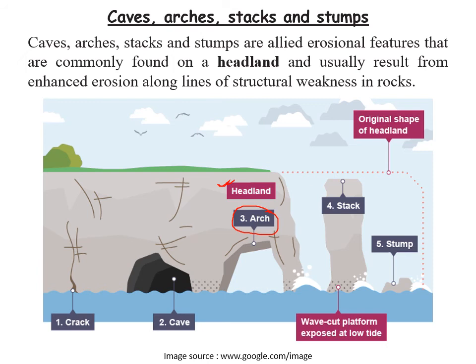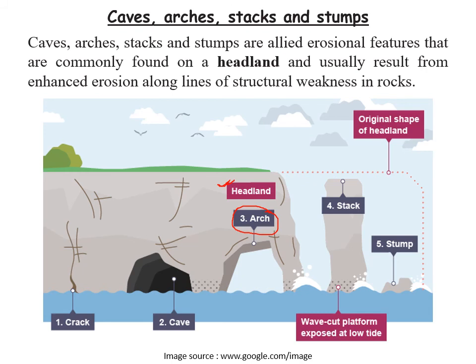So in the case of an arch, the cave system is more accentuated, and you may find a passage by which you can go from one side of the headland to the other. This becomes a narrow pathway. Now with time, when the size of the arch increases, the roof over this arch becomes unstable and gradually collapses.